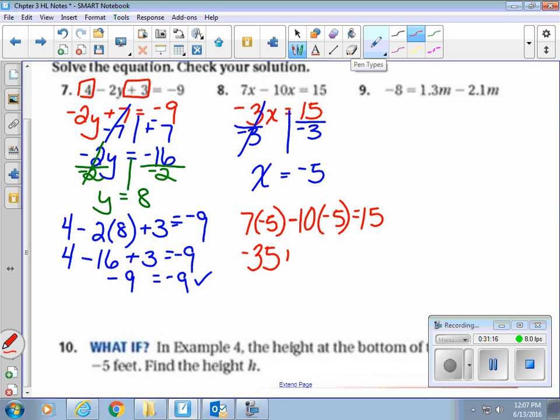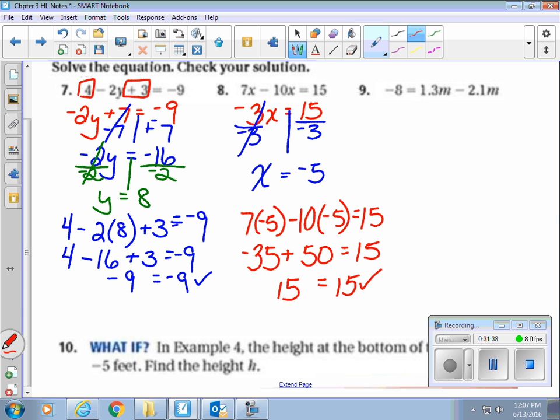And we could look at that as a negative 10 times a negative 5, which would be plus 50, equal to 15. Your signs are different here, therefore you're going to subtract 50 and 35, leaving you with 15. Taking the sign of the higher absolute value, which is 50, and that one checks out.